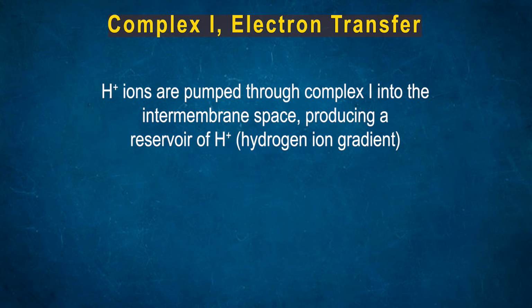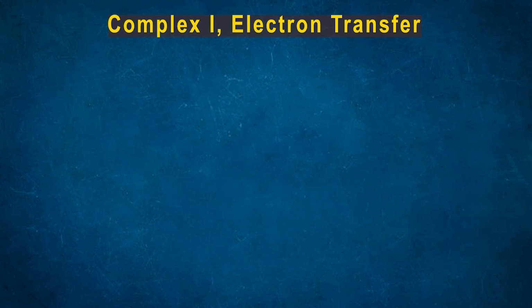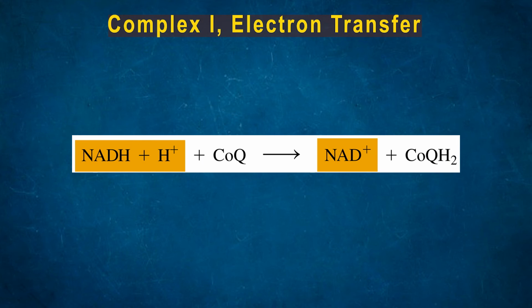A hydrogen ion gradient is made. For every 2 electrons that pass from NADH to CoQ, 4 H plus protons are pumped across the mitochondrial membrane, producing a charge separation on opposite sides of the membrane. So NADH plus H plus plus CoQ gives rise to NAD plus and CoQH2.